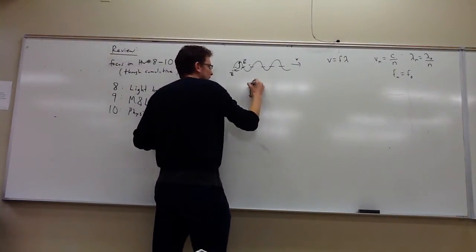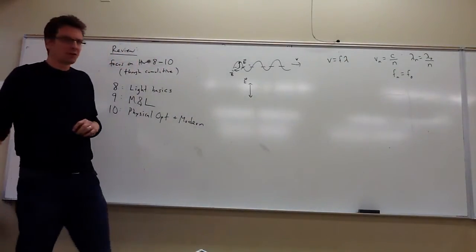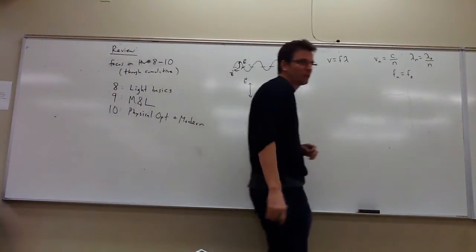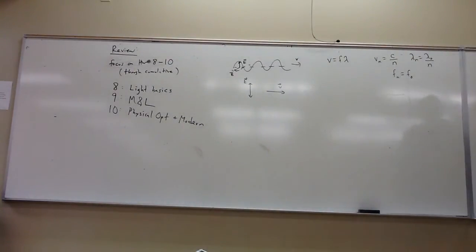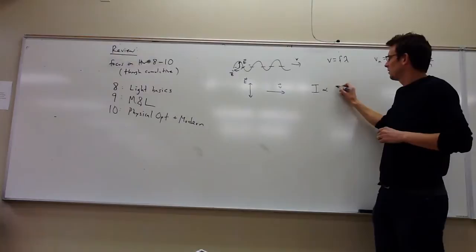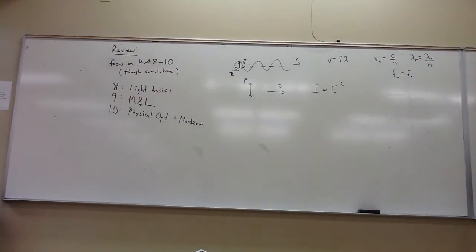One of the things that we did right off the bat was talk about something called polarization, where the only thing we really cared about was in what plane is the electric field going to oscillate. We recognize that we don't really care about the electric field itself, we care about intensity, which is related to its square.